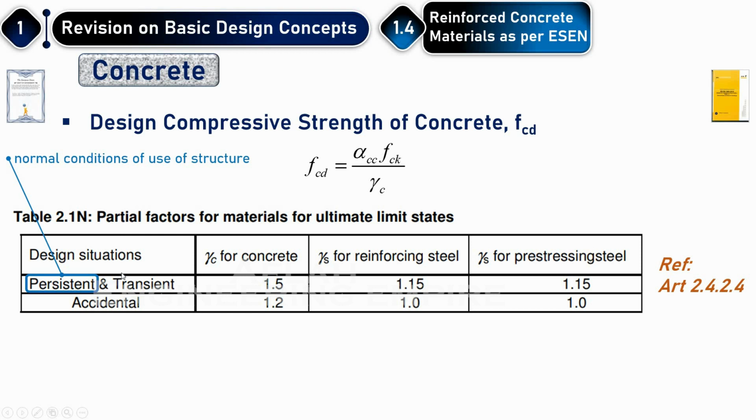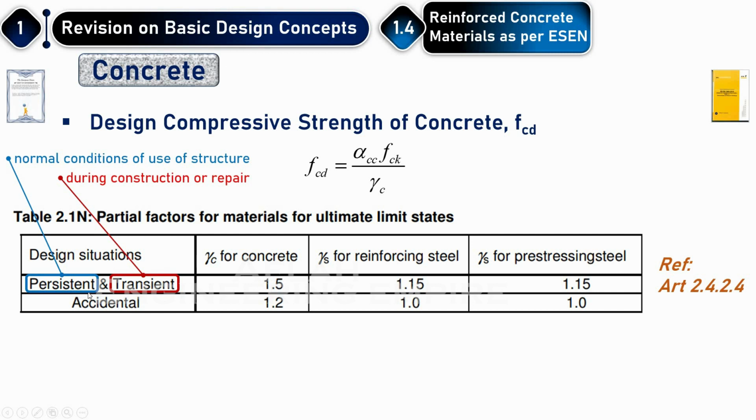The other is the transient situation, such as when you are doing repair or maintenance of the structure or during construction. These two conditions are called the transient situation. So in the persistent and the transient situation, the factor of safety is just 1.5.